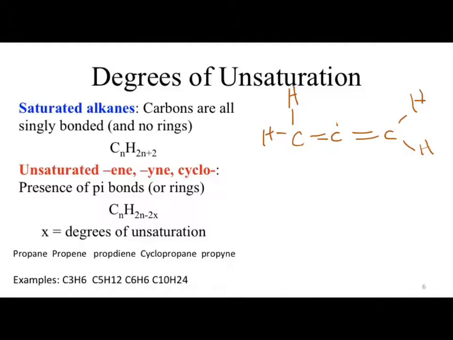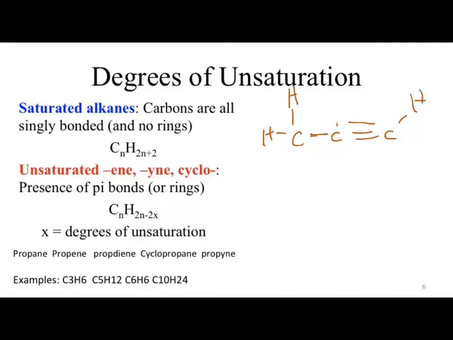What happens if we look at propyne? How many degrees of unsaturation do we have here? 2. We're looking not at double bonds, but at the number of pi bonds. How many pi bonds are in a triple bond?